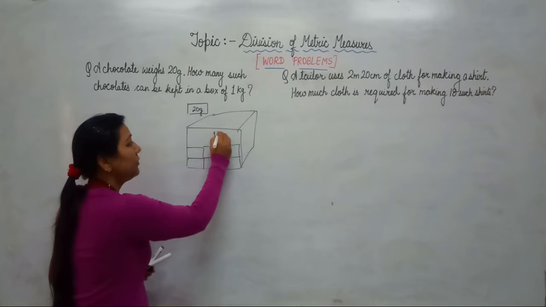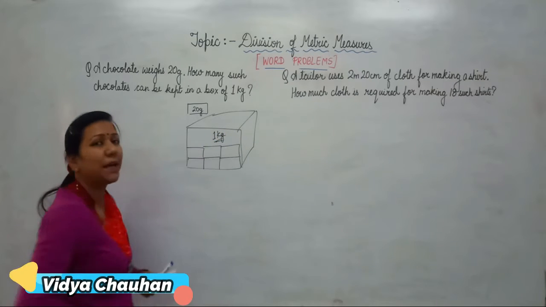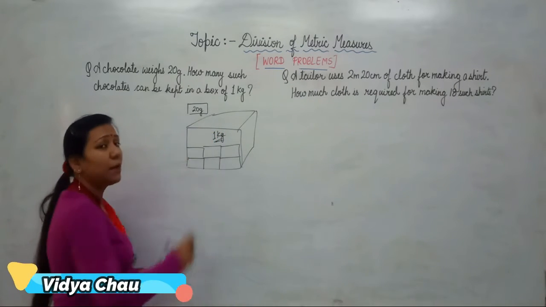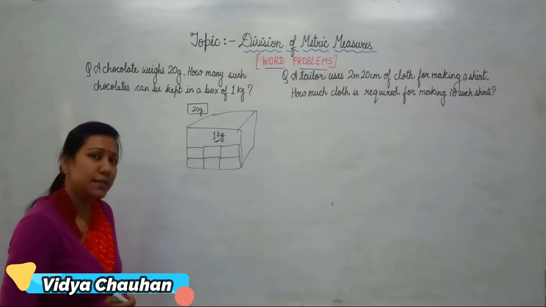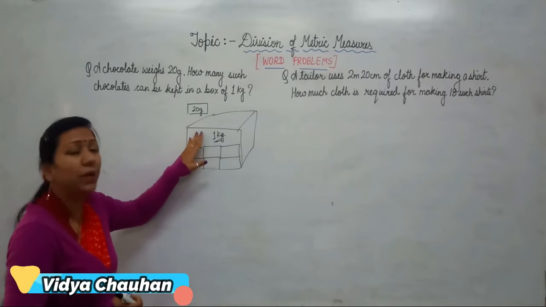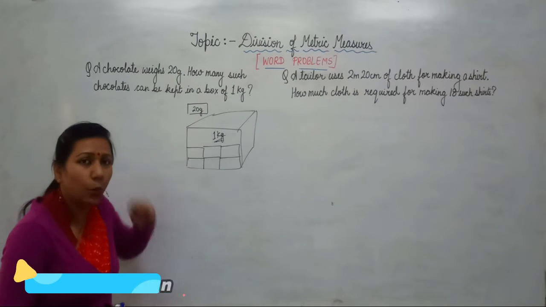The box has a capacity of 1 kg and you have to keep 20 gram chocolates in it. So what you have to find is the number of chocolates which we can keep in this box of 1 kg.